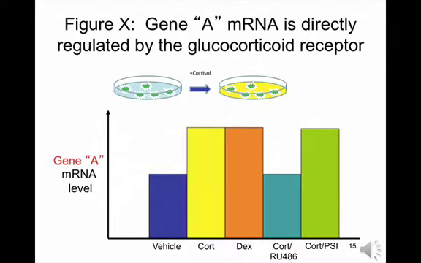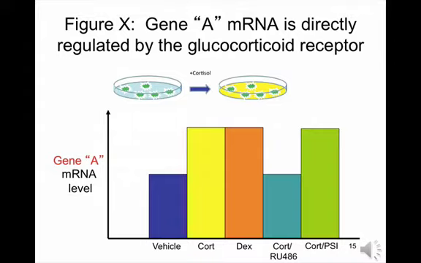To improve upon the initial figure, this bar graph, as shown here, would be much more convincing for the figure titled Gene A mRNA is directly regulated by the glucocorticoid receptor. We have shown in multiple ways that the regulation is dependent upon the GR receptor and is a direct RNA event, not mediated by other protein.